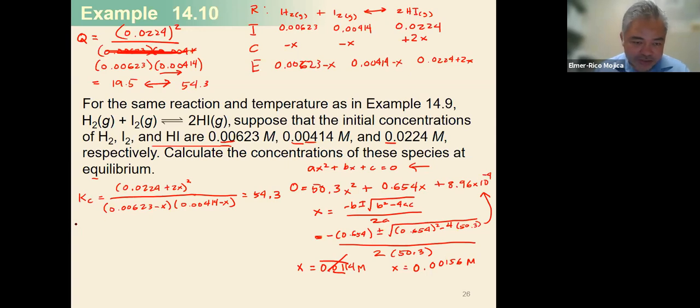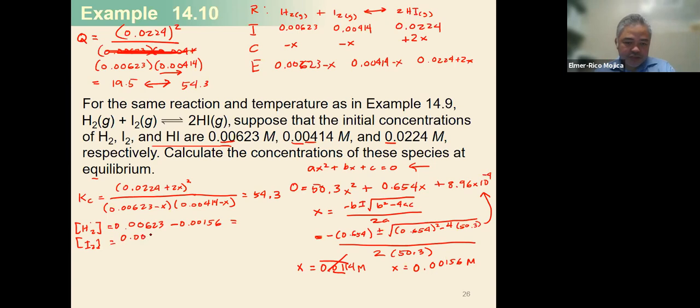So you have here H2, so that will be 0.00623 minus 0.00156. And then your I2, whatever is the initial concentration, 0.00414 minus 0.00156.